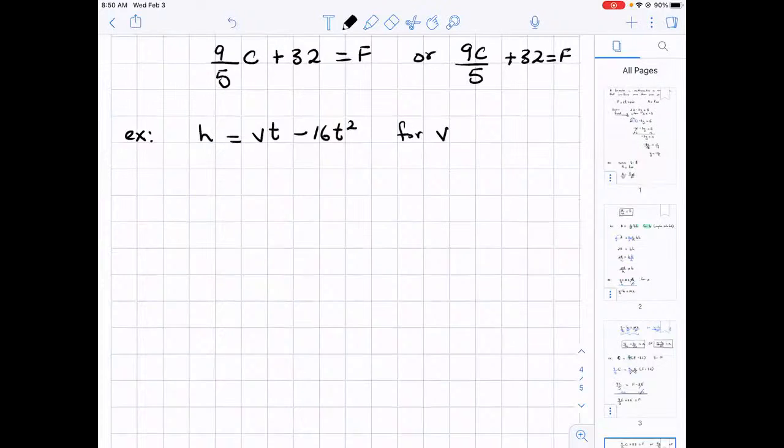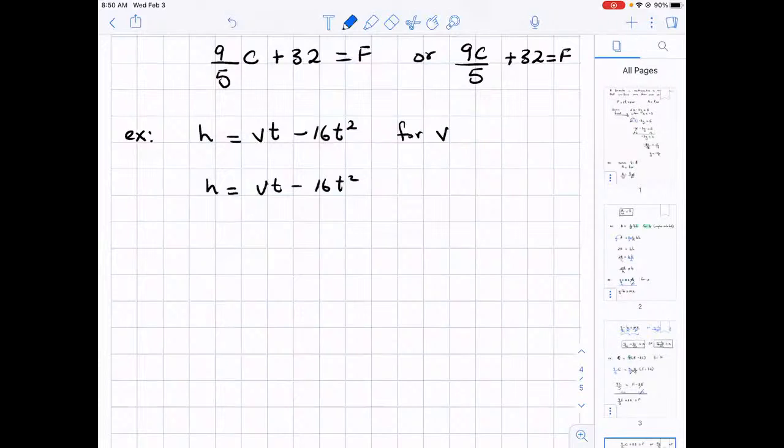There's a couple of ways this problem can be done, at least two ways that I'm seeing, but let's look at a way that we want to make it easy for ourselves. Okay, so the first thing we'll do, we will move the term without the v. So we have h is equal to vt minus 16t squared.